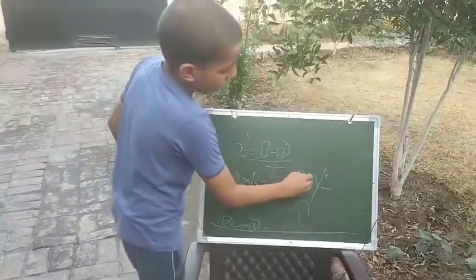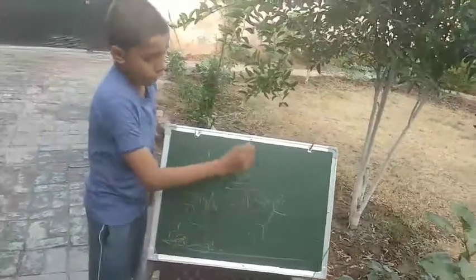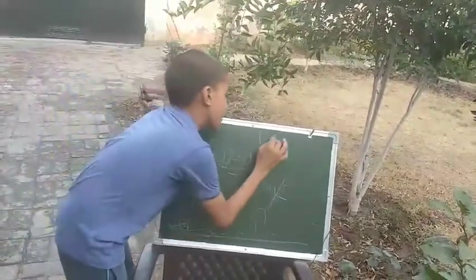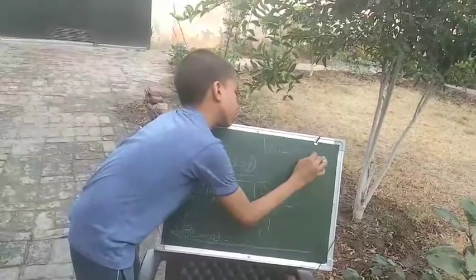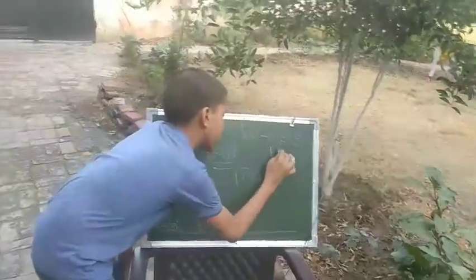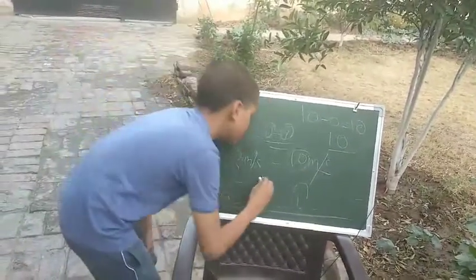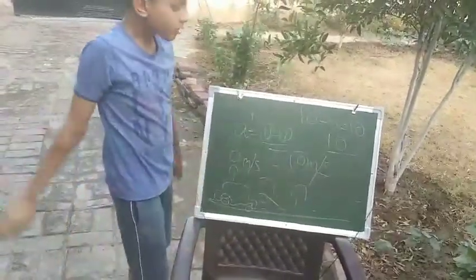So the final velocity is 10. Okay. So 10 minus 0 is equal to 10. Now 10 is divided by the time taken. We say it took 2 seconds.